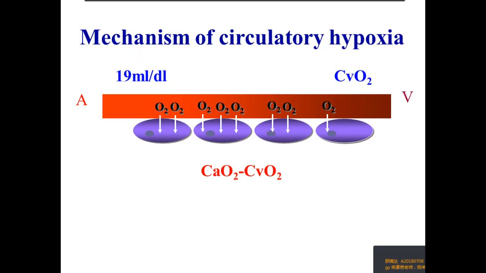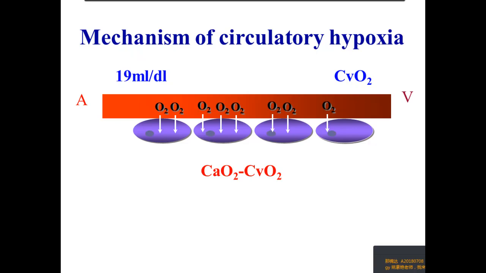So oxygen move into the tissue cell. Now more than or less than normal? Will be more than normal. Now normal, how many oxygen move into the tissue cell? 100 millimeters blood. 5 millimeters. Now normal 5 in 100 millimeters blood, 5 oxygen move into the tissue cell.